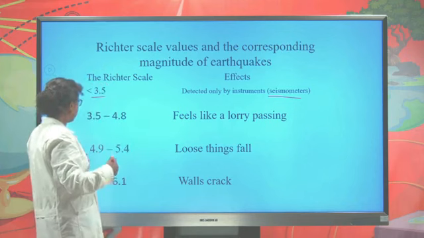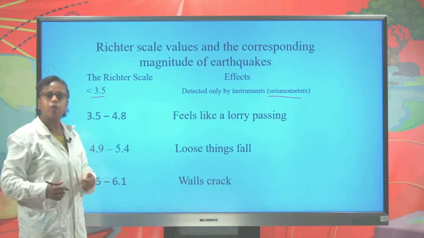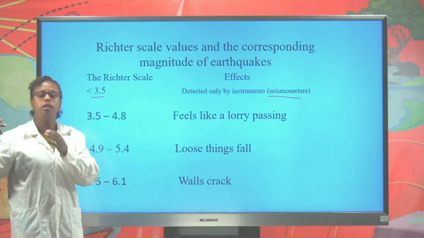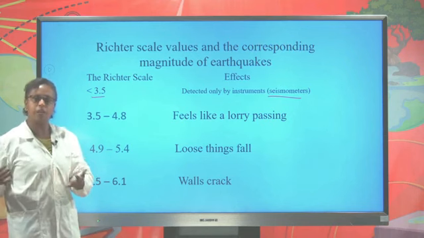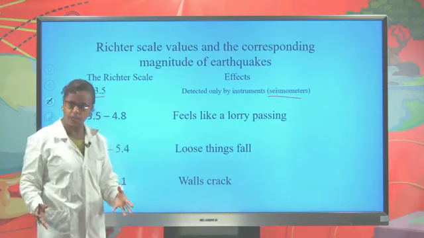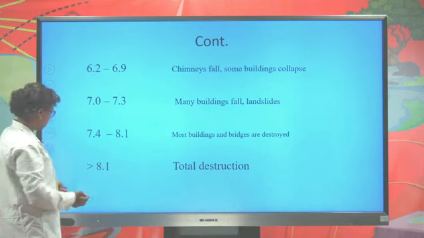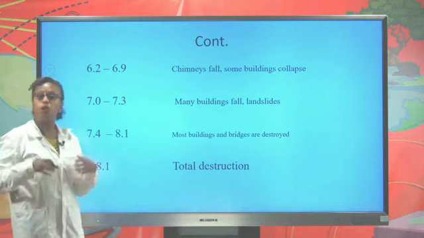But when the Richter scale reading is 3.5 to 4.8, we feel a little bit, like when a big lorry or vehicles pass around us, and we feel some kind of vibration. And when the Richter scale is 4.9 to 5.4, loose things fall. And when the reading is greater than 8, total destruction will occur.